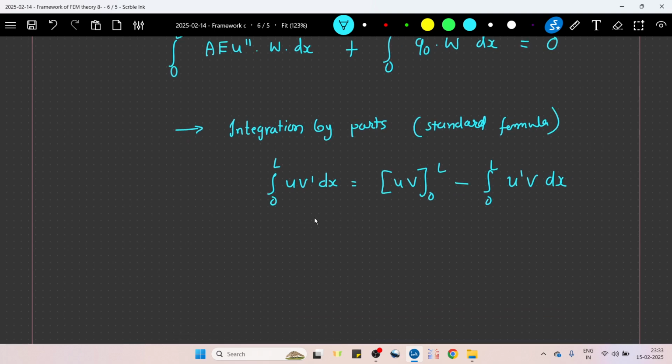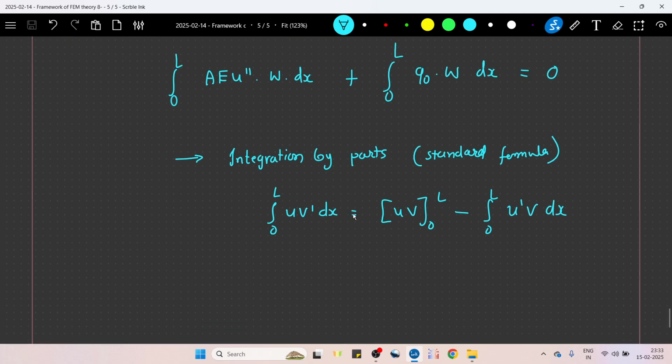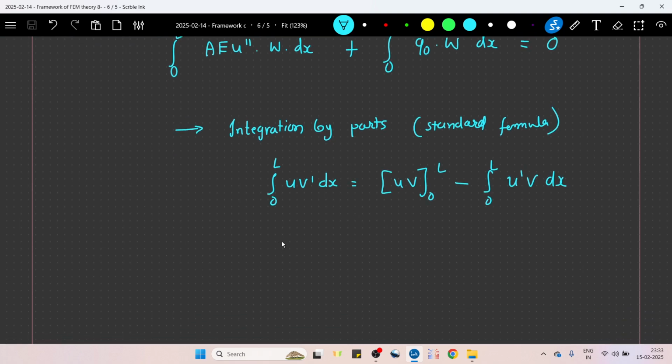We are not doing a mathematics lecture, so we'll just take this formula for now. Now I'll put u equal to w, and v dash I will say is u double dash.